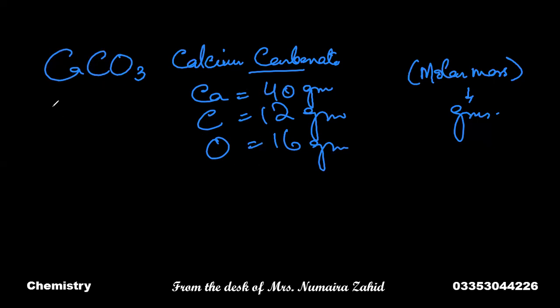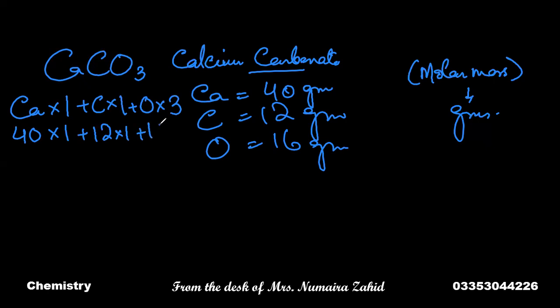Okay, so here the next step would be, we know that there is 1 atom of calcium, 1 atom of carbon, and 3 atoms of oxygen. So for calcium, we can write 40 as its molar mass. For carbon, it is 12. For oxygen, it is 16. Now, 40 1 times is 40, 12 1 times is 12, and 16 3 times is 48.